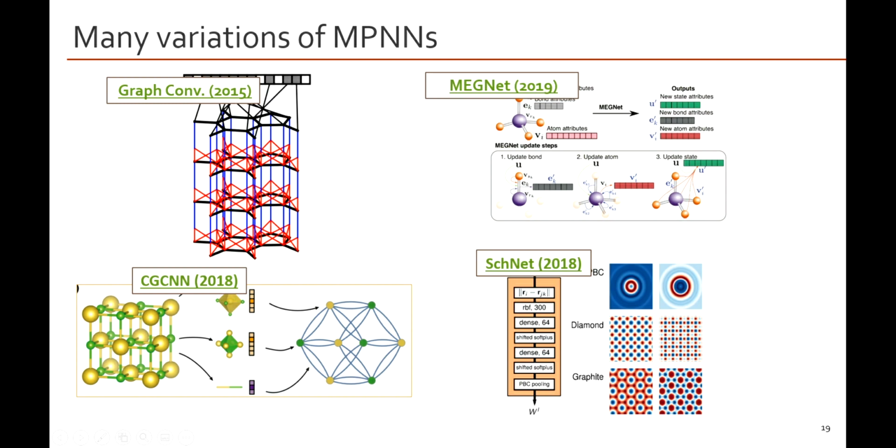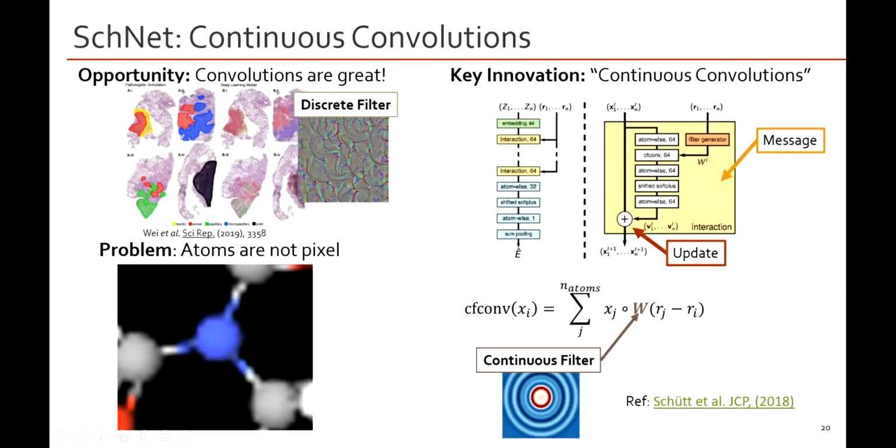Now, one of these I'll dive into in a little more detail is SchNet. So SchNet is based on a concept that is actually very well studied in computer vision machine learning, that convolutional neural networks are fantastic at learning features that look like this, which I take over an image, apply to a certain block of it, and measure how much that region of the image responds to this feature.